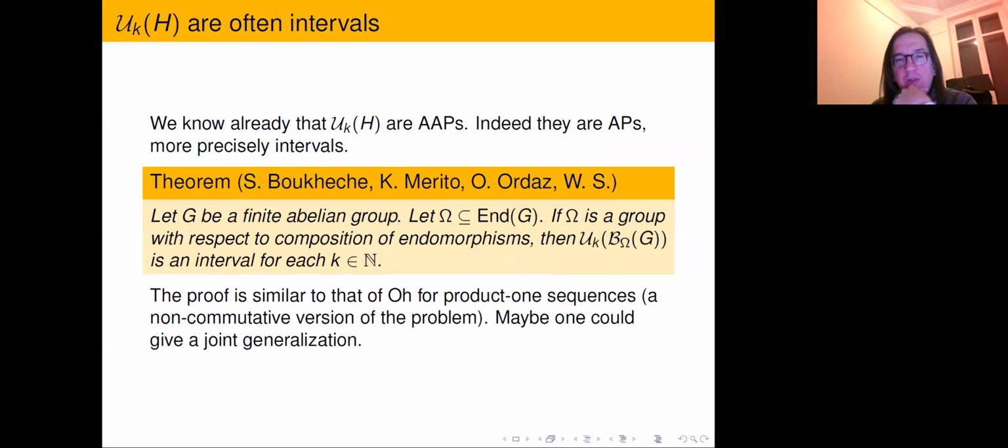The proof is similar to a proof of O, who showed the result for product-one sequences, which would be the non-commutative version of this problem. There is the classical result for zero-sum sequences, which is of course also known. Then there is the more recent generalization of O to not necessarily commutative groups, and now we have the generalization for the situation with weights. Maybe one could also give a joint generalization, but so far nobody has tried to do this. So this would be an open problem.